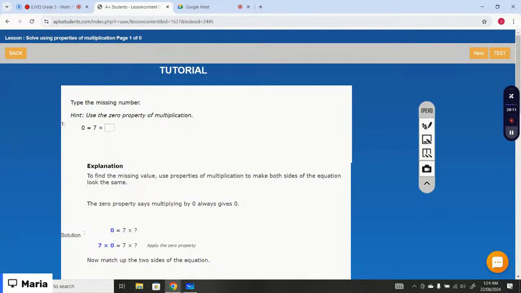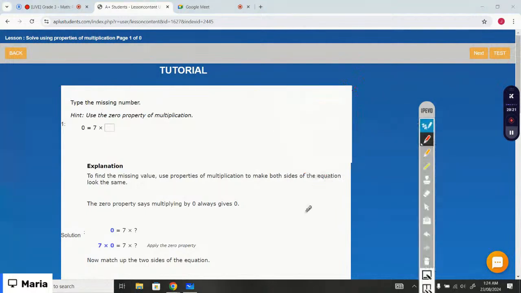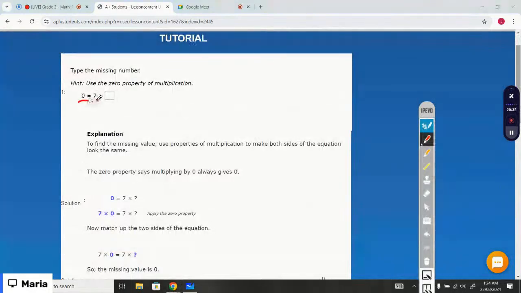What number do you multiply with zero to make the answer zero? The zero property means if you multiply any number with zero, the answer is always zero. Whatever number you are multiplying with zero, the answer is always zero. You have been given the zero property, so that is zero times 7. 7 must be multiplied with zero to make it zero, right? Because 7 times zero is zero, right? So any number when multiplied with zero, the answer is zero.